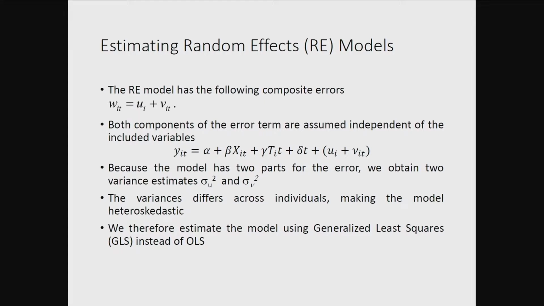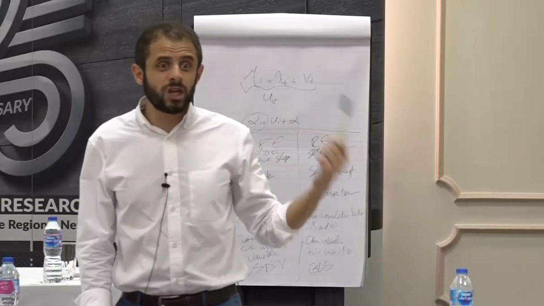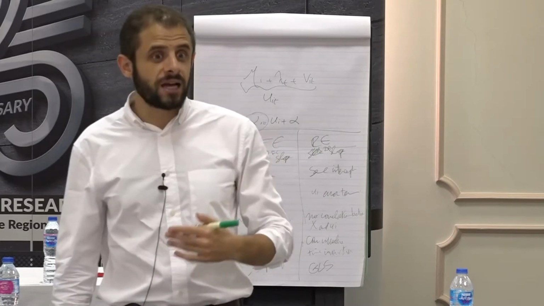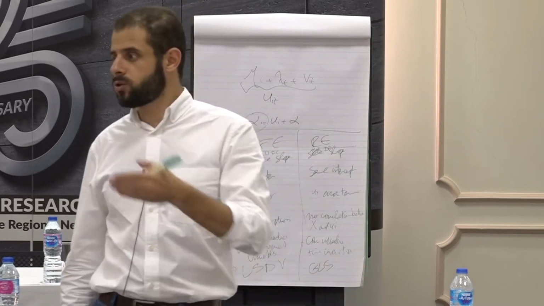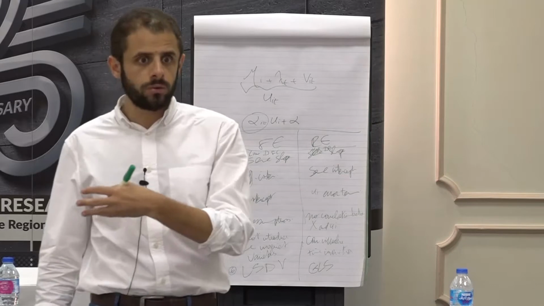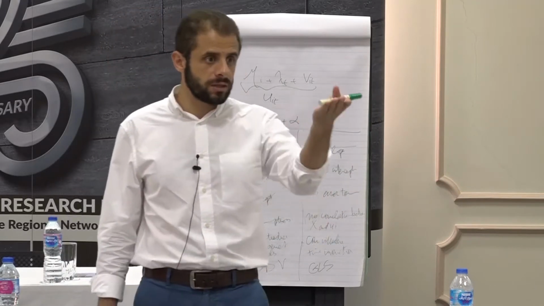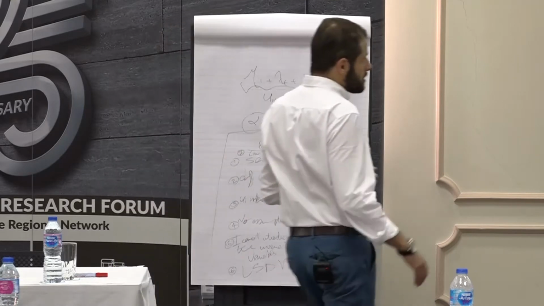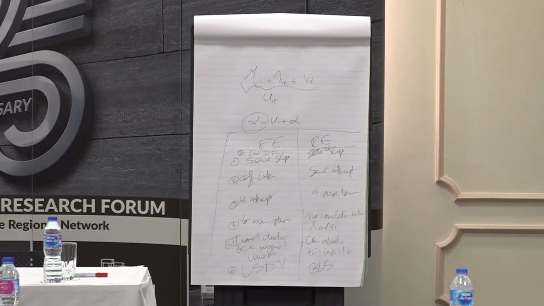So is the error term constant or not constant? Sorry, the variance of these two components is not constant because it will be changing across individuals. So I don't have a constant variance, so I don't have homoscedasticity. So I have to resolve this by using the GLS. And this is why we estimate the model using generalized least squares instead of the OLS.